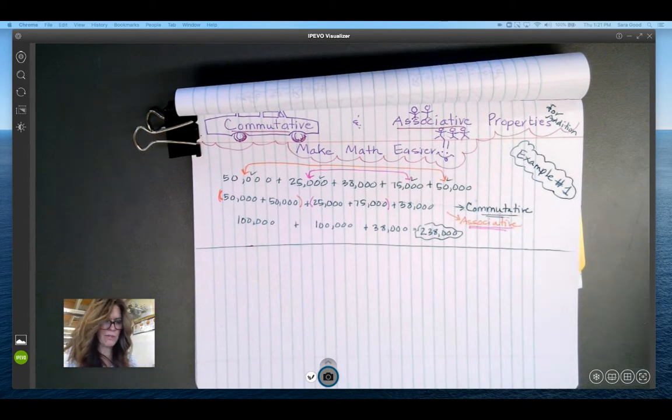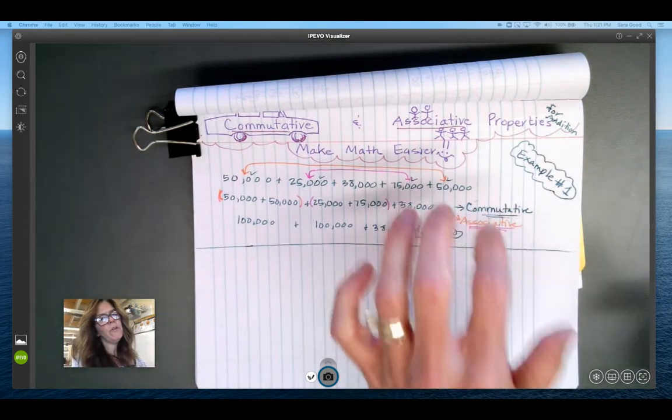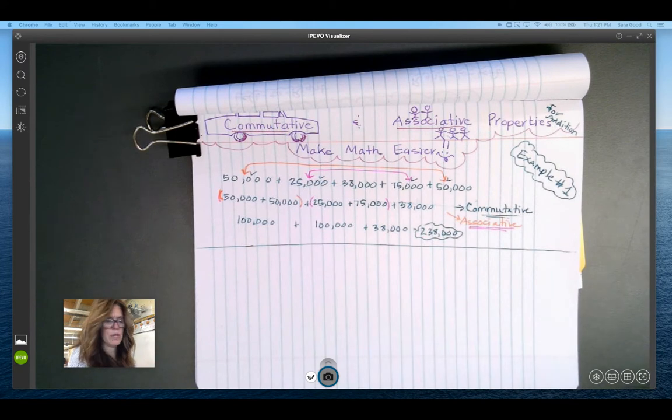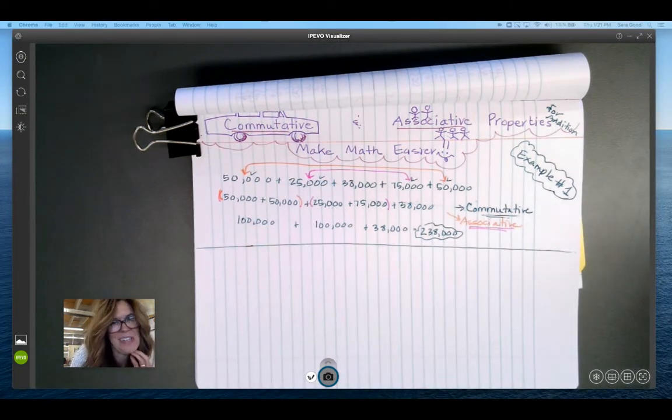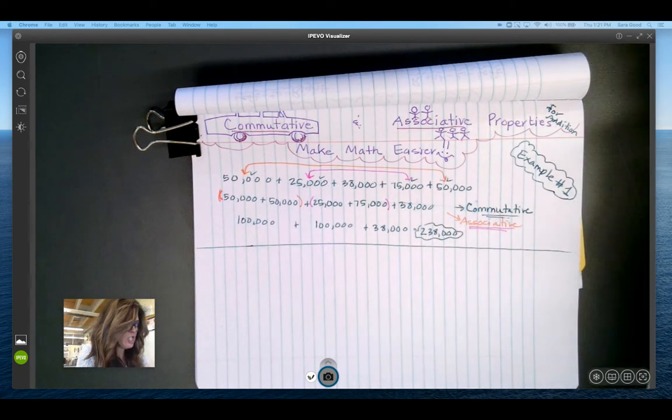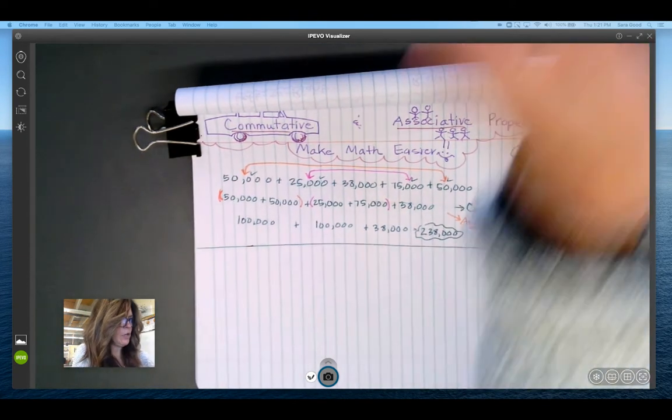Let's work another example. We're very familiar with large whole numbers. You worked with those when you were younger. Let's introduce decimals. Which numbers work well together? Which ones would you move and where would you move them? Watch carefully. I'm going to change my pen color. You know me.